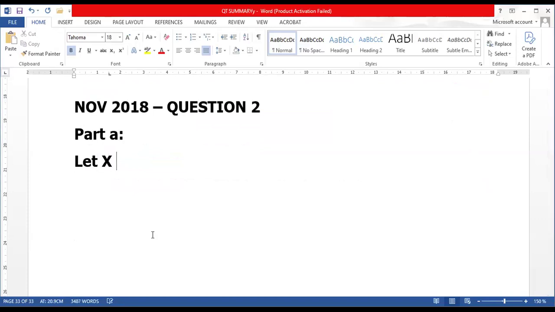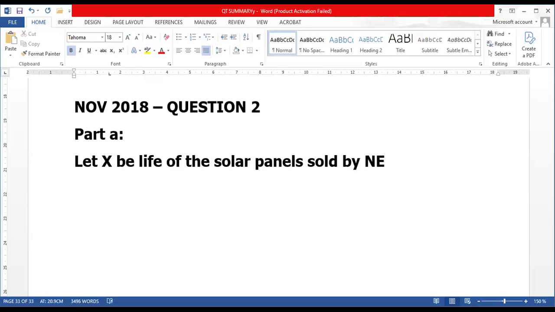Let X be the life of the solar panels sold by MER. Since the examiner used NEL, we can also use NEL, but technically it should have been MER. Okay, so that is our X. We have defined a variable.